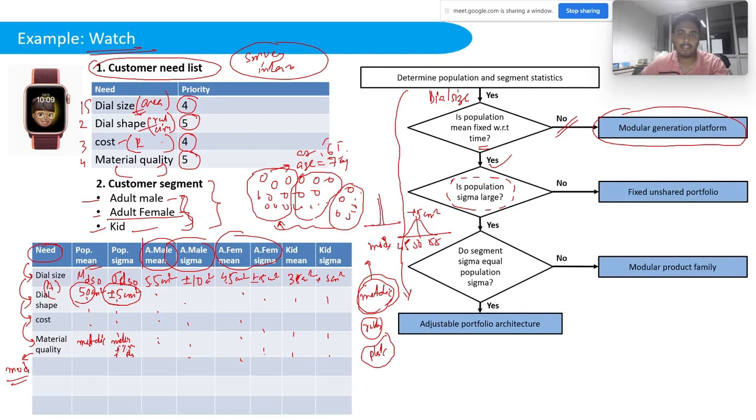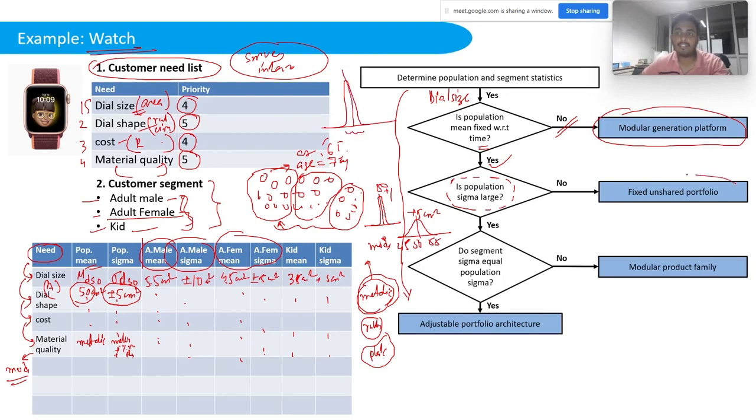If it were very narrow, that means there is no variation. For example, if the population variance is 50 only or 51 only, that means your entire population needs only one particular size of dial.